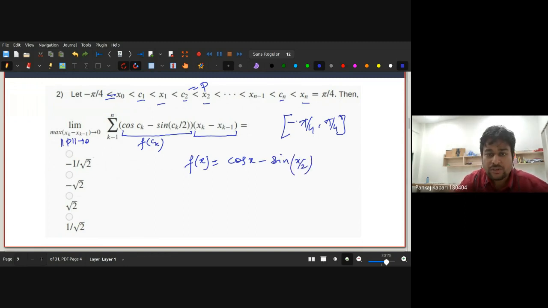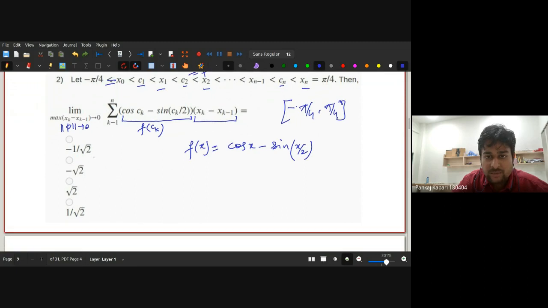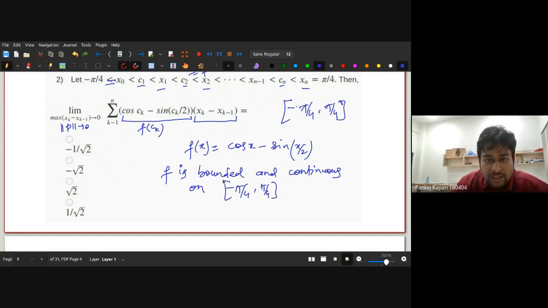Okay. So therefore, this sum just becomes the integral because you can see that this function is bounded and continuous on this interval minus pi by 4 to pi by 4, and therefore f must be integrable.